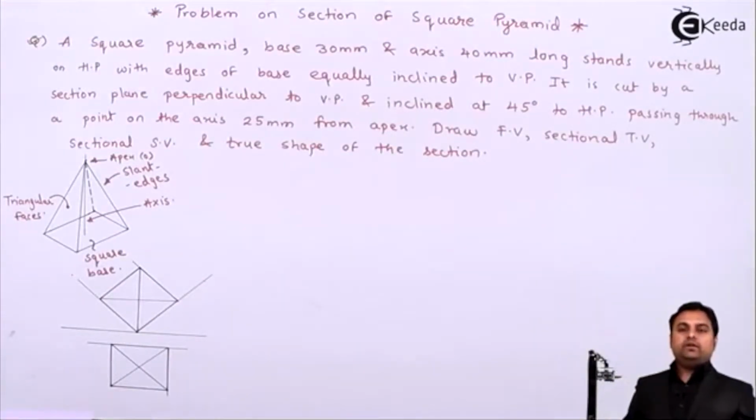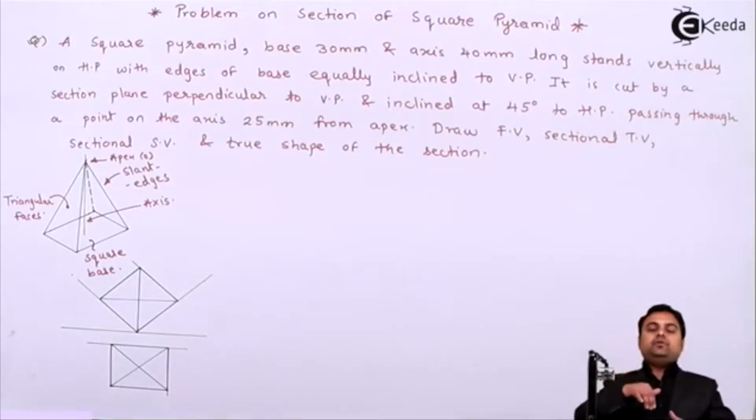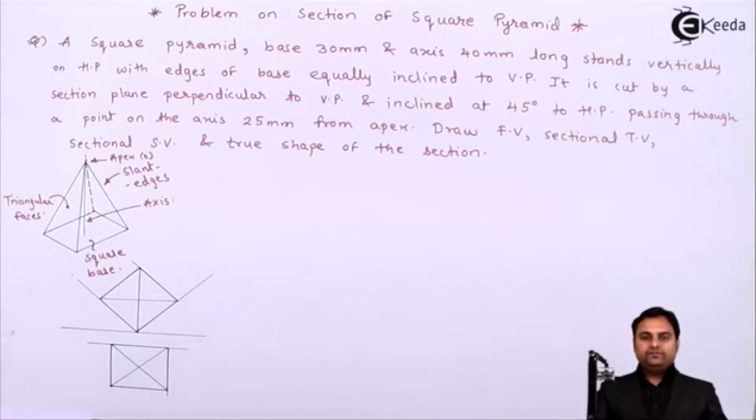So the square of the pyramid which we are seeing from top can be drawn in two different ways.